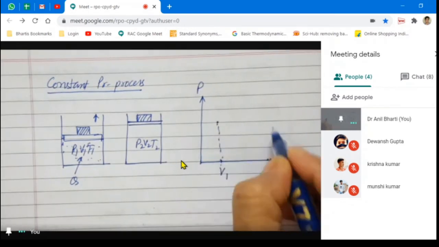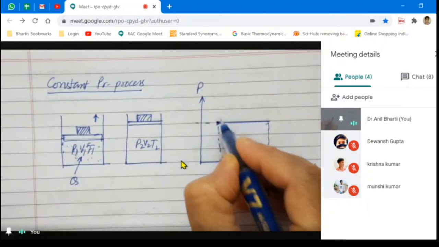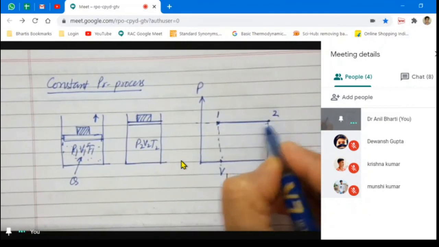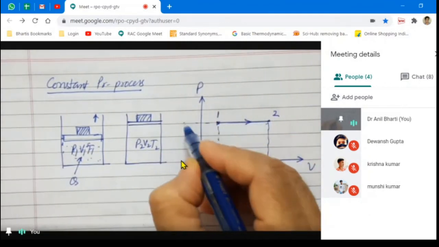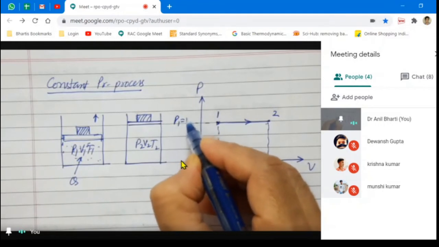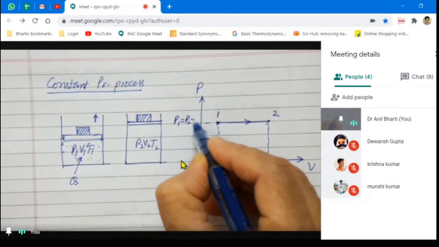So the system shifts from point 1 to point 2. Here the pressure P1 is equal to P2 is equal to P constant, but volume is changing.